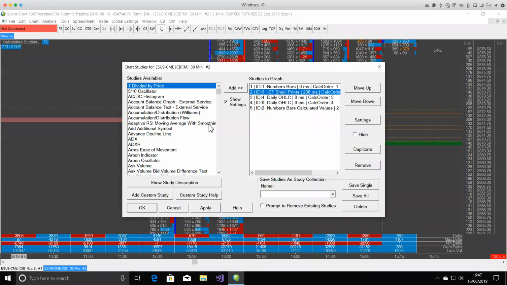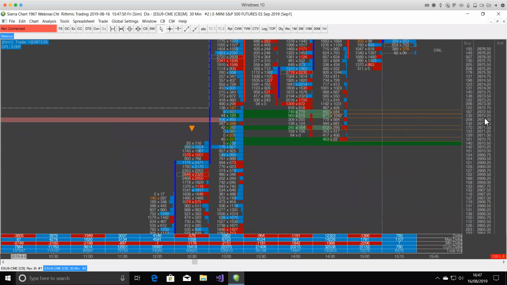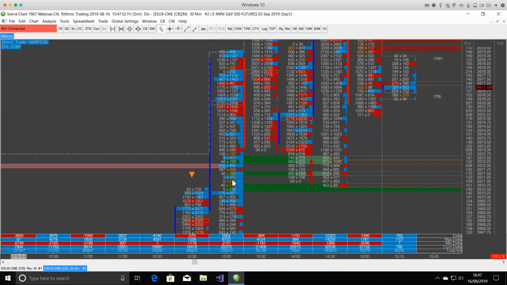So 0.5% was maybe a little bit too loose, but you can see we're picking up levels here. It's a lot of volume in this candle, but we're showing any price level where the volume that traded on the side represented less than 0.5% of the total volume in the bar.